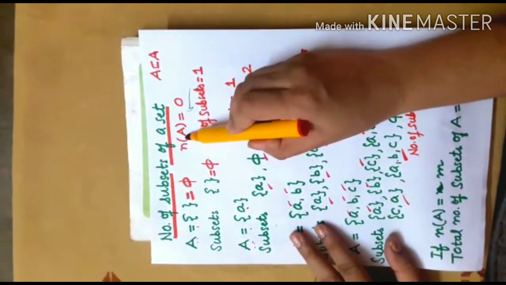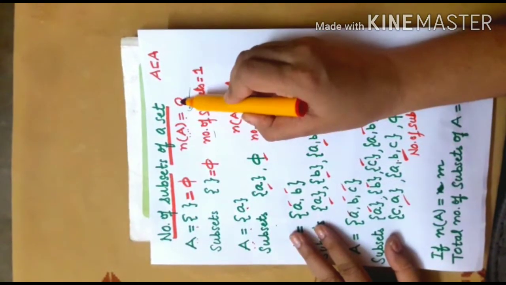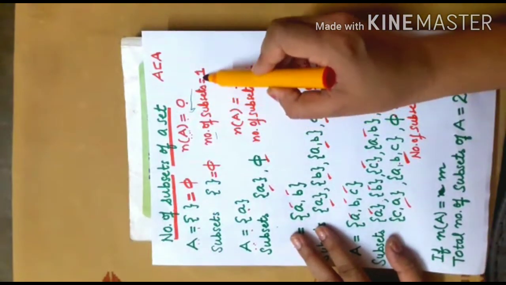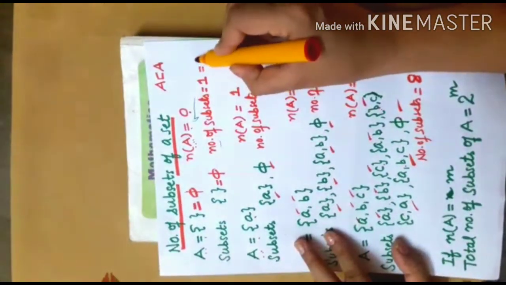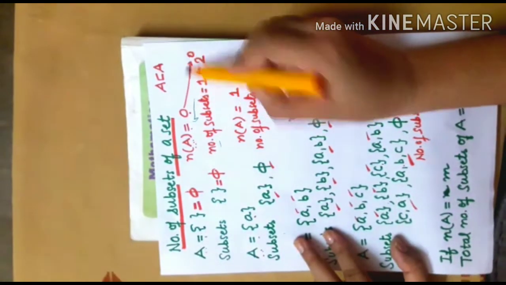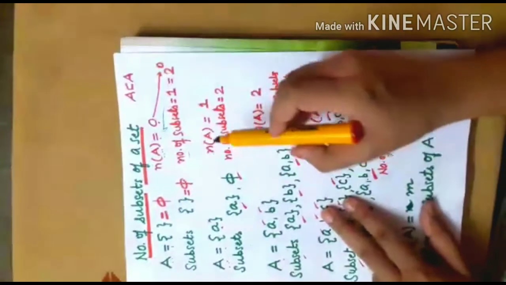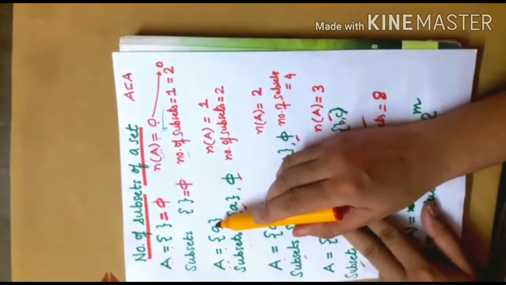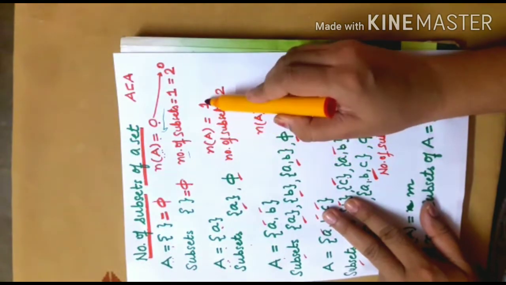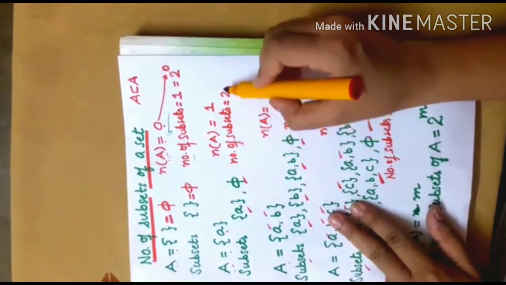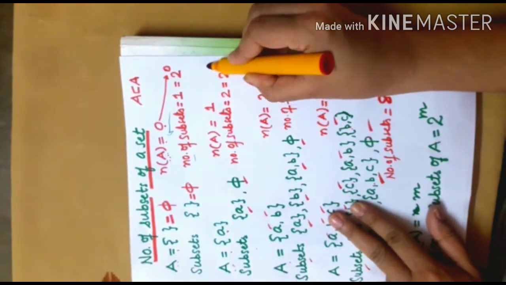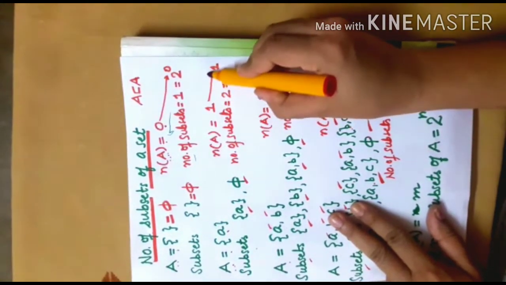Now look here. When the number of elements in the set A was 0, that is when A was an empty set, then the number of subsets was 1 and this 1 can be written as 2 raised to the power 0. Similarly, when the set contained one element, the number of subsets was 2 and this 2 can be written as 2 raised to the power 1.